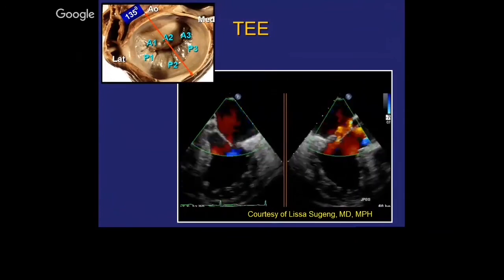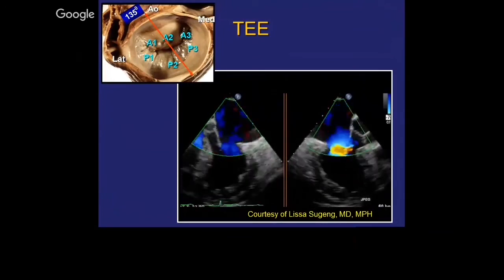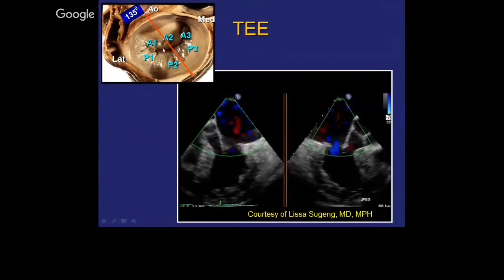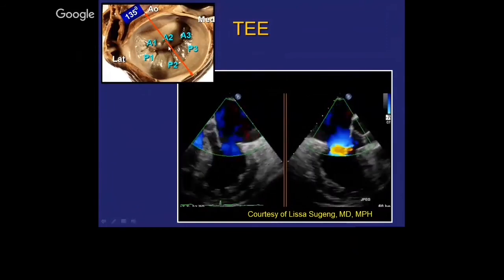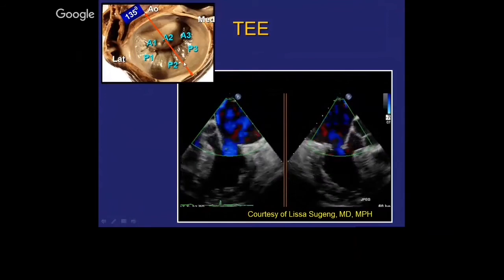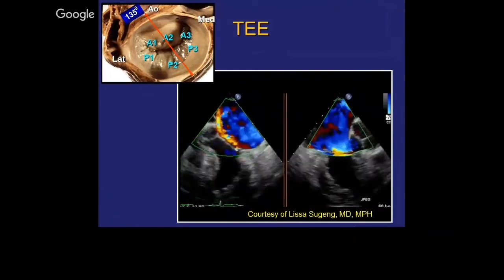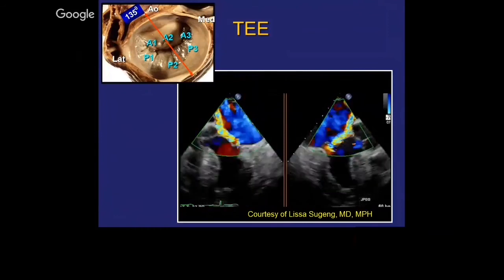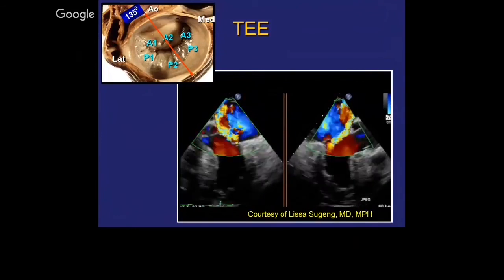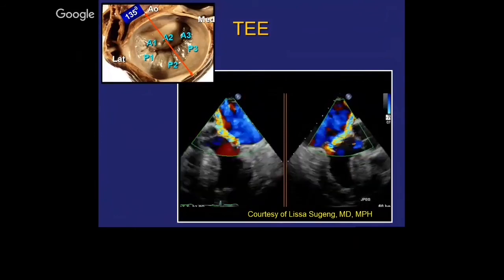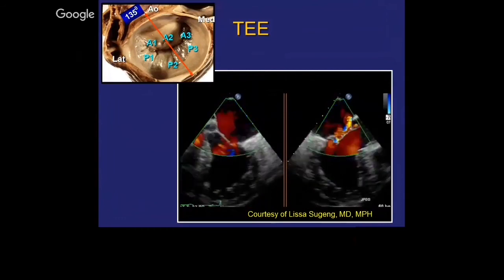Here we are at that 120 degrees view that I said I like a lot, because when you slice it like this, you see the A2 and you see the P2. And you know, the majority of the prolapse is on the P2. So if you're able to confidently diagnose that, half of your work is done. To the left of the screen here, you can see that the jet is anteriorly directed.